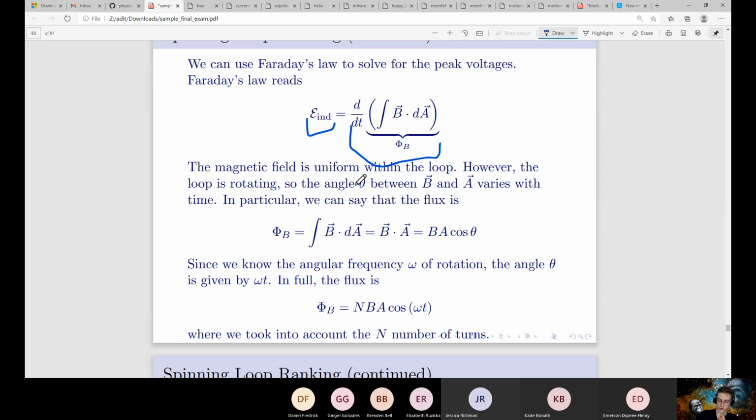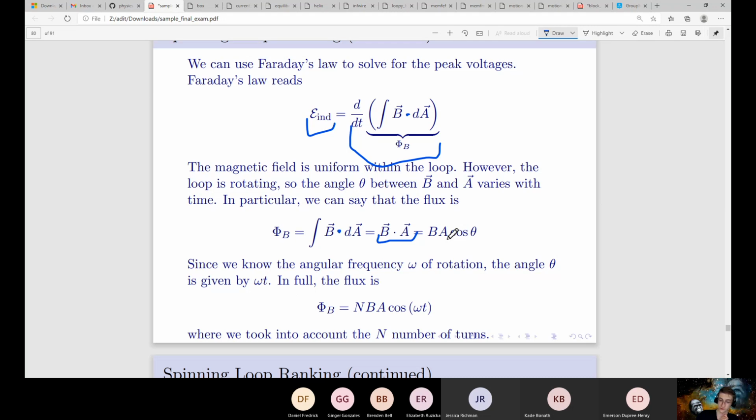What does change, and how we can account for the fact that the loop is rotating, is the dot product in the definition of flux. Flux is defined to be the integral of B dot dA. It's a uniform B field through a nice neat area, so we don't have to take the integral, and that just comes out to be B dot A. The dot product for any two vectors is just their magnitudes multiplied together times the cosine of the angle between them.